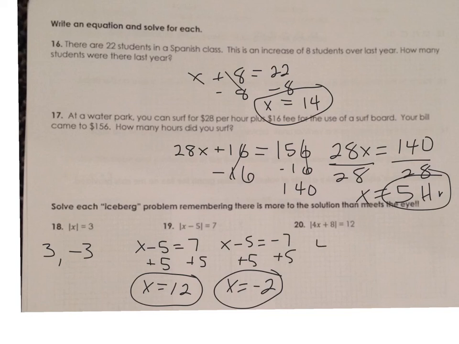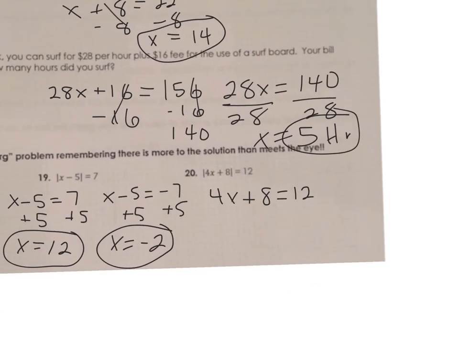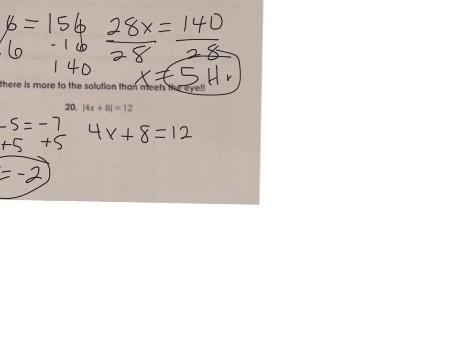Number 20, 4x plus 8 is equal to 12. I would also have, let me give myself some room here, 4x plus 8 is equal to negative 12. Then I would go about solving it. Minus 8 from both sides.